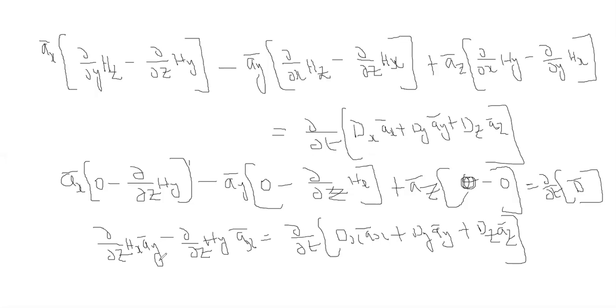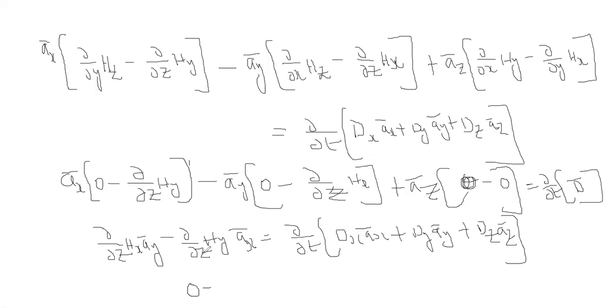Since H bar is in the y direction, Hx and Hz are both zeros. So the first term, whatever we have in the left hand side, becomes total 0.